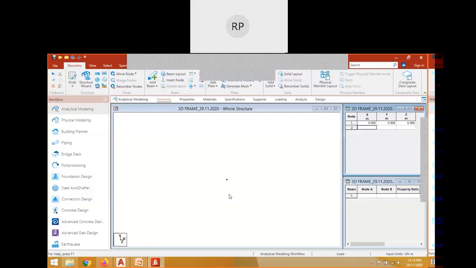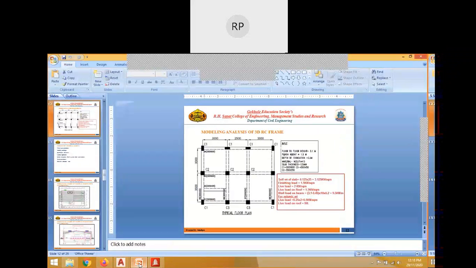So my first plinth level will be at 4 meter from this point. I will show you that plan once again. Is it visible to you, the PPT?